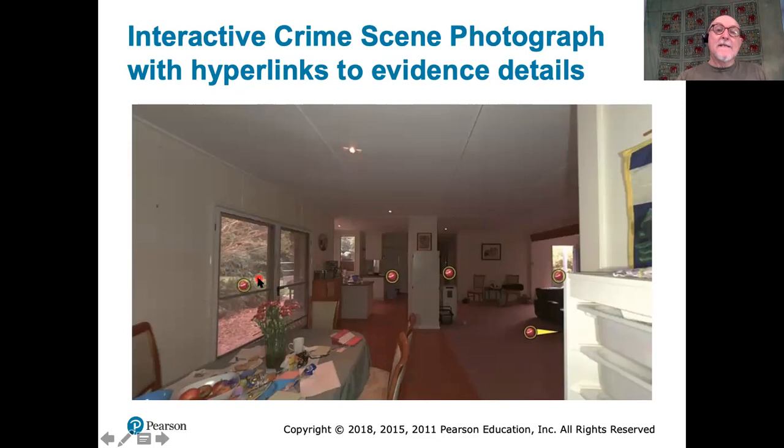And this hyperlink embedded in the image takes you to probably a picture of the fingerprint and the analysis and the identification maybe of the person who left the fingerprint, etc.